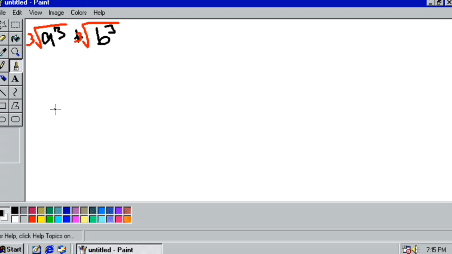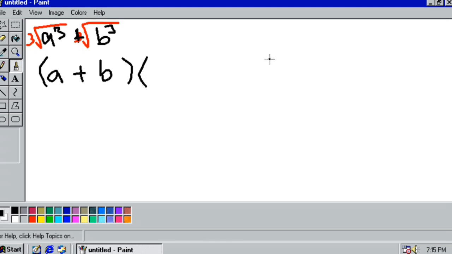After you cube root them, put them on here. The cube root of a cubed is a, so the 3's cancel. The cube root of b cubed is simply b. Since this is addition here, we'll also add addition here.